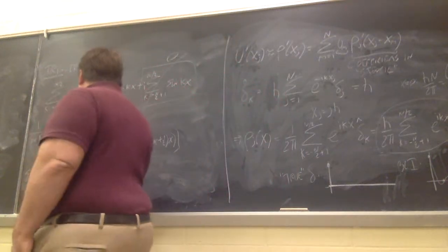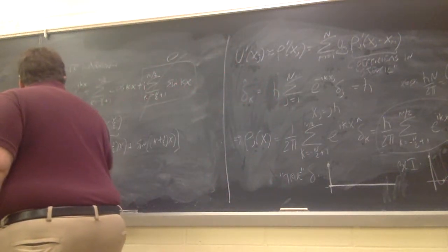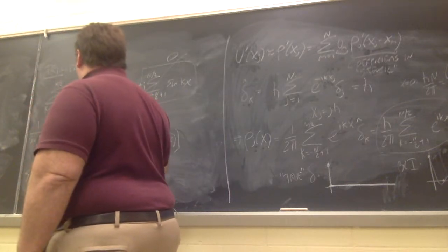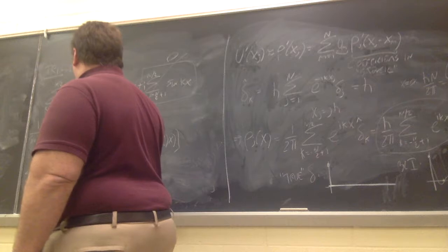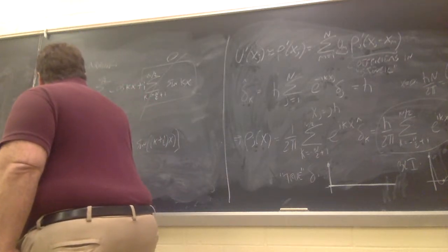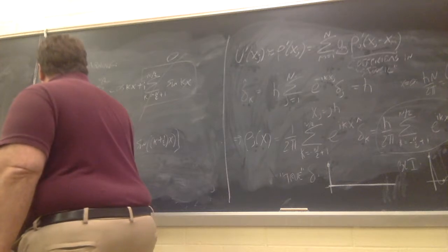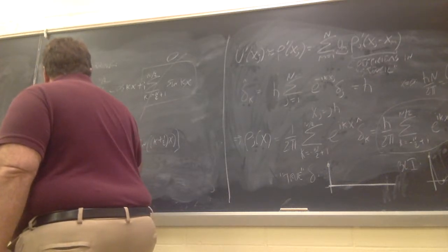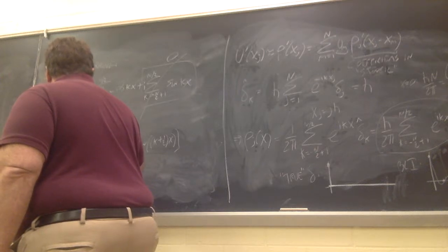So I'm going to have minus sine. Here I'm going to set k equal to minus n over 2 plus 1. So that's going to give me minus n over 2 plus 1/2 x.